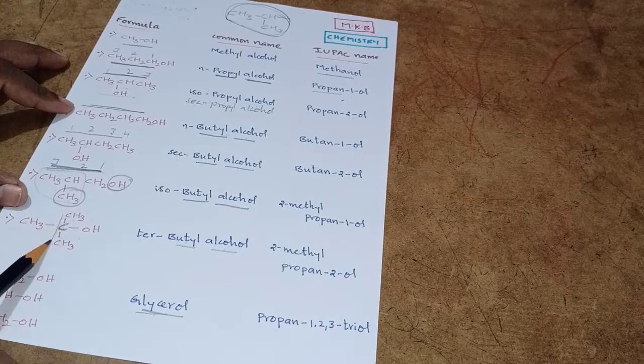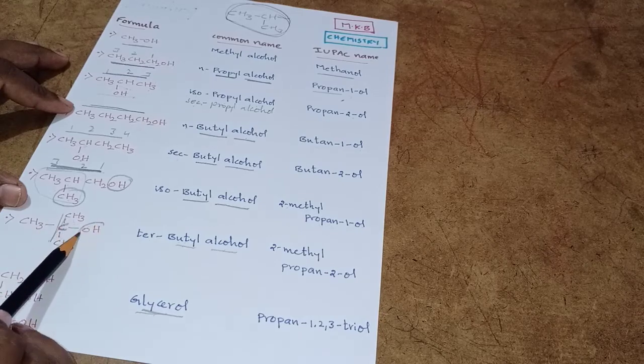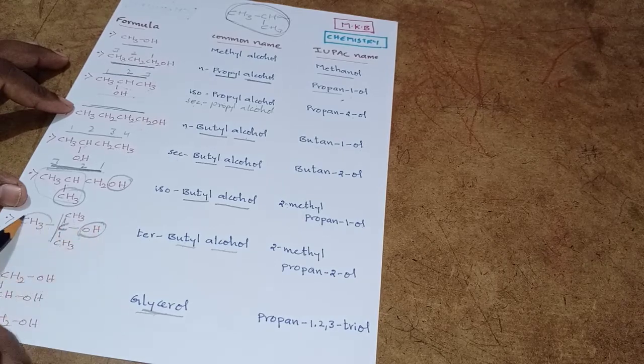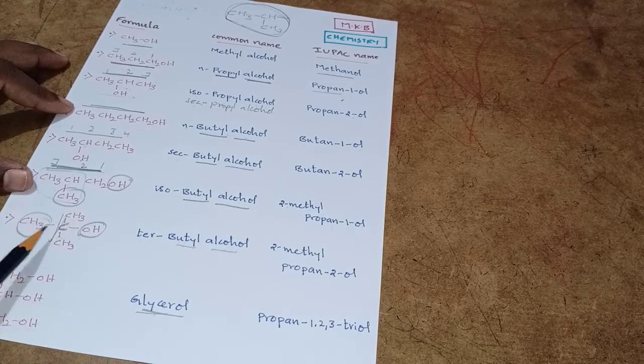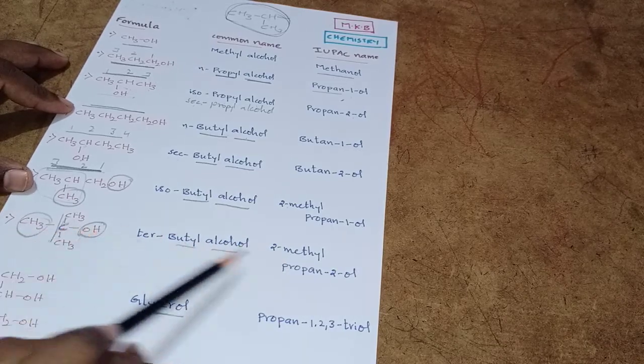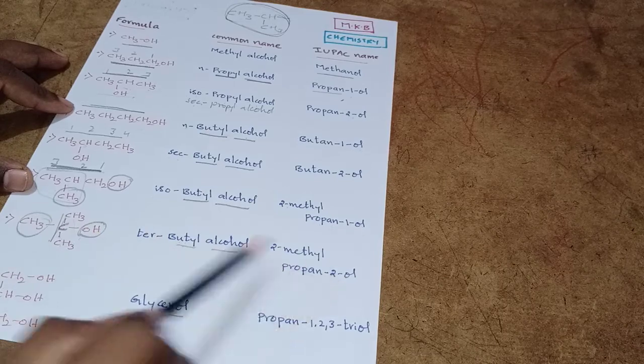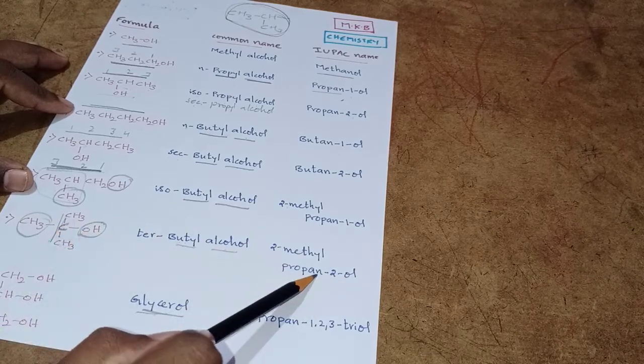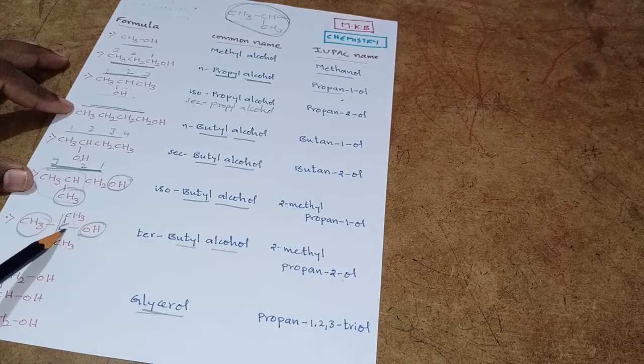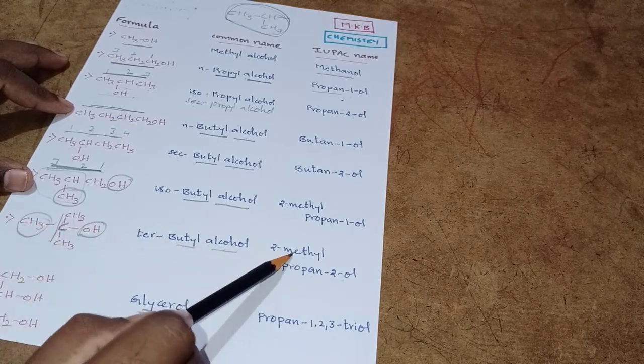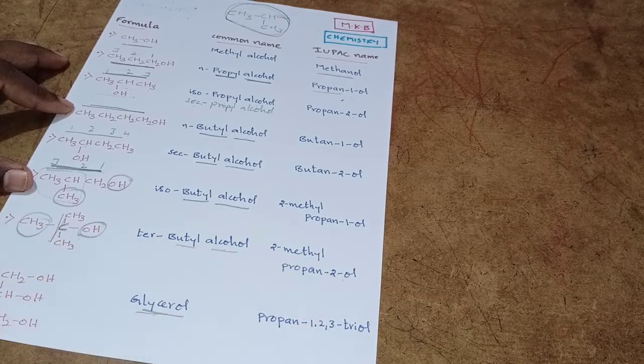Similarly, the next one. So this is the parent chain, with 3 carbon atoms, and one of the carbon atoms carries OH and also a CH3 group. So 3 carbon atoms means propane, and the OH group is present on second carbon, propane 2-ol, and the second carbon once again carries a methyl group, 2-methyl propane 2-ol.